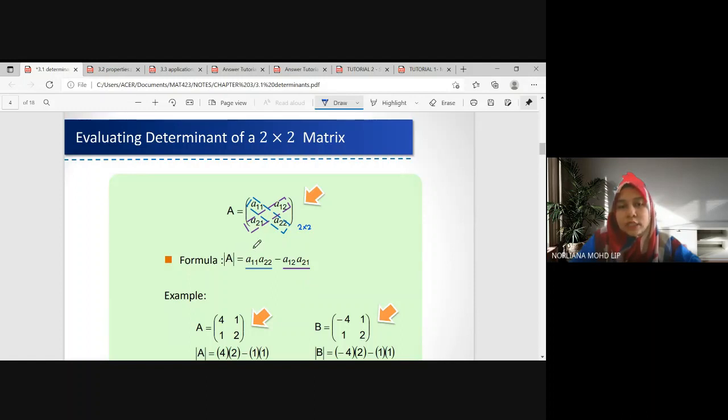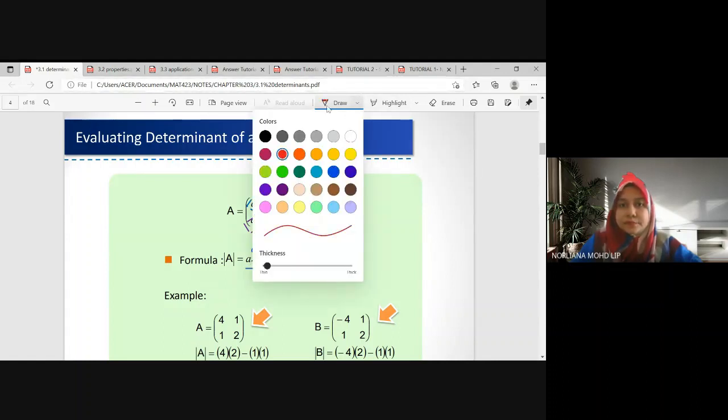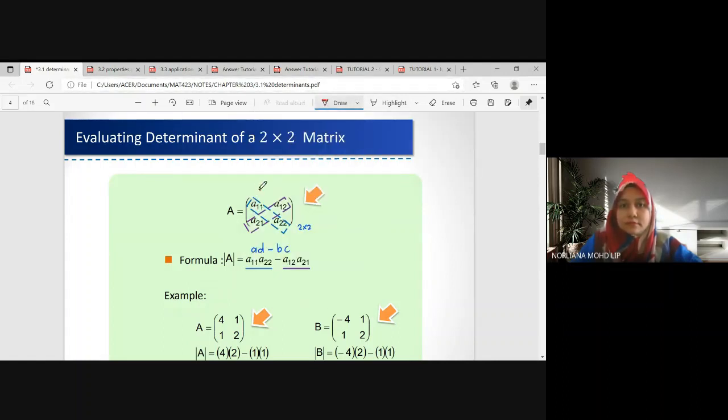So the determinant of A is equal to AD minus BC, with entries A, B, C, D.